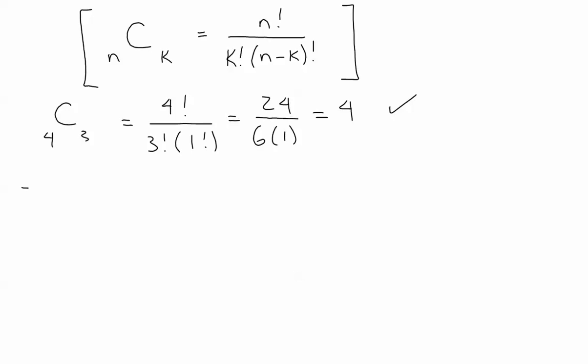A couple of things. The word combinations is also referred to as the binomial coefficients in some textbooks. I almost always will use the word combinations, but if you see the word binomial coefficients, they're talking about exactly the same thing.